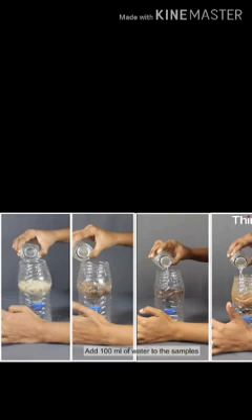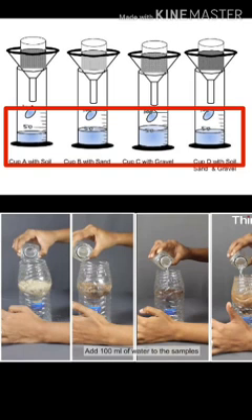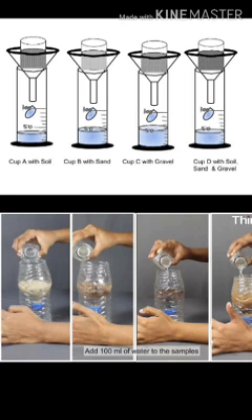First is how much water comes out of these soils and how much time it takes for the water to come out. If more water comes out, then the percolation rate of the soil is more. Means it allows more water to come out. It also shows that its moisture absorption capacity is less.